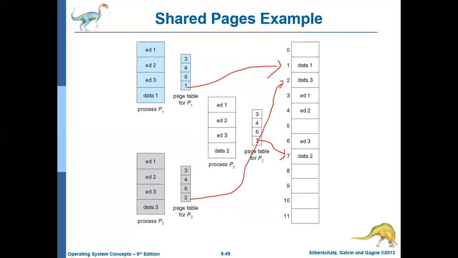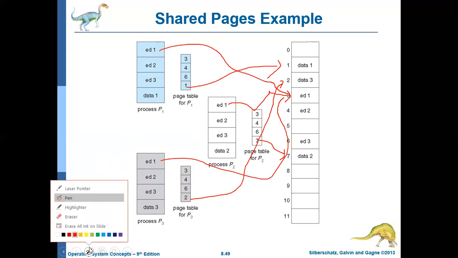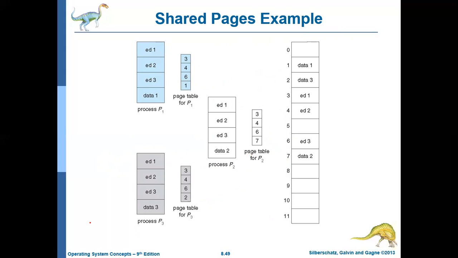Whereas for editor 1, editor 2 and so on, all 3 processes are mapped to the same locations of the physical memory. So ed1 of process 1 maps here, ed1 of process 2 also maps here, ed1 of process 3 also maps here. Similarly for ed2 and ed3.